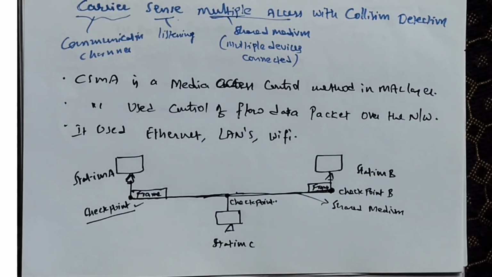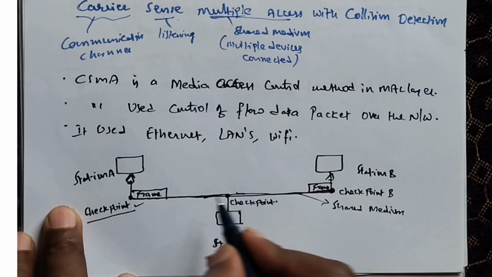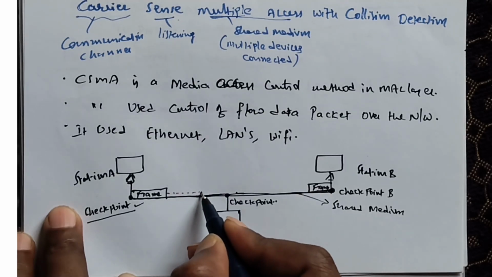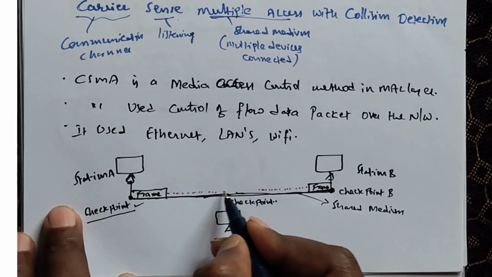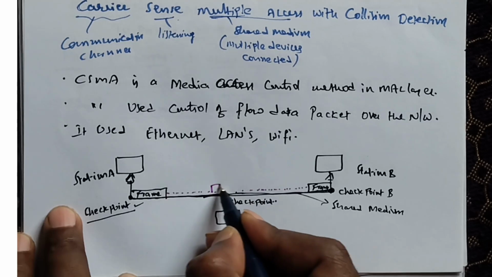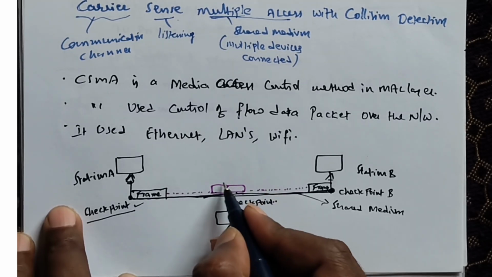Now the data is transferring from station A to station B like this. And what about station B to station A? When the data meets, there will be a collision.